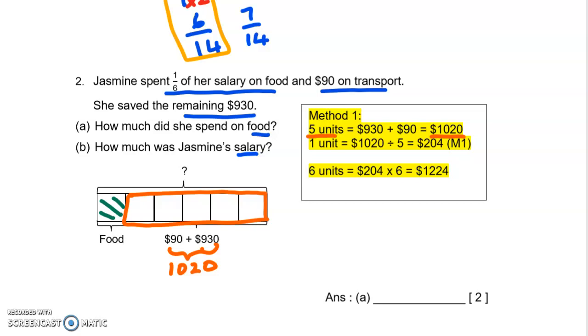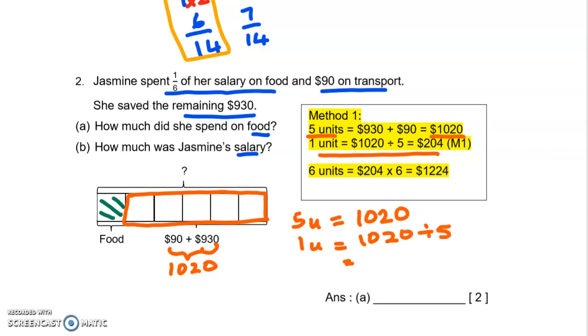Now that you know 5 units equals to 1020, you got to go and find what is 1 unit. That's where this step comes. 1 unit, you divide by 5, you will get 204. So that means each unit is 204.